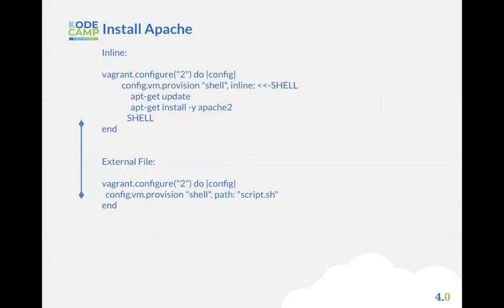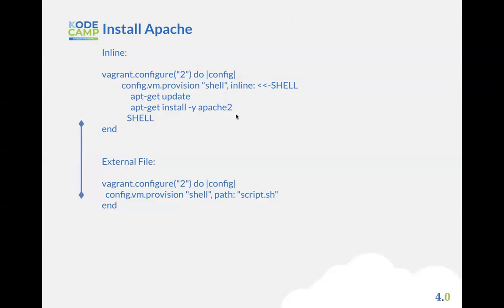To do a quick installation of an application, say Apache, for instance, on your Vagrant box, you can do either an inline configuration, as we see here, or we can reference an external script using the path variable.